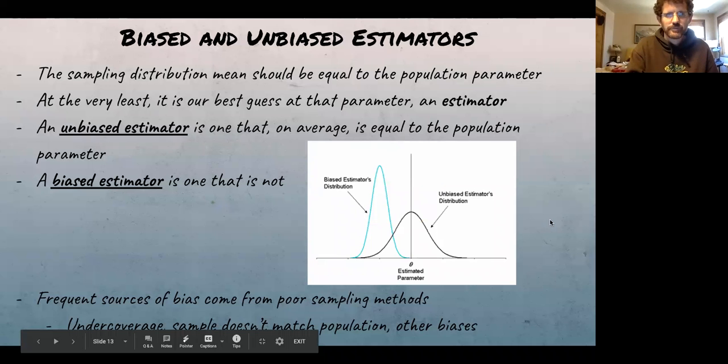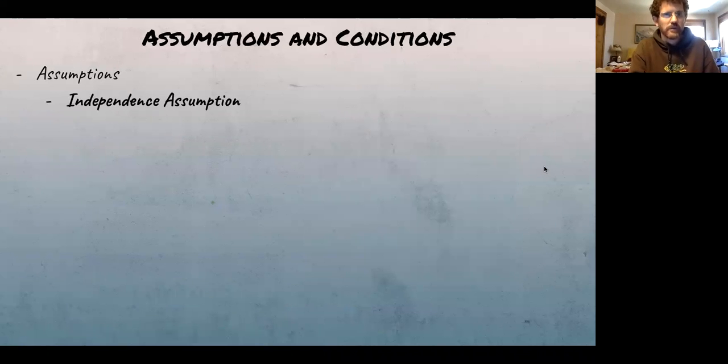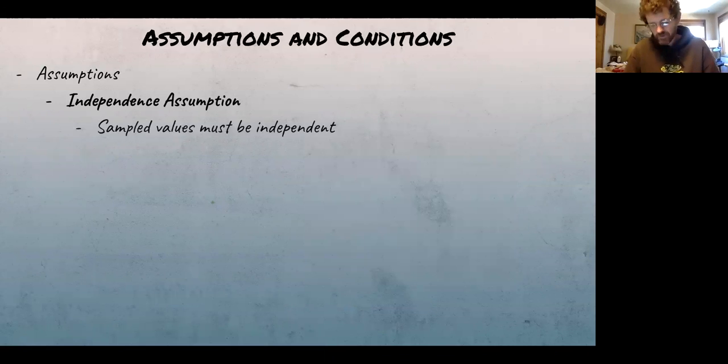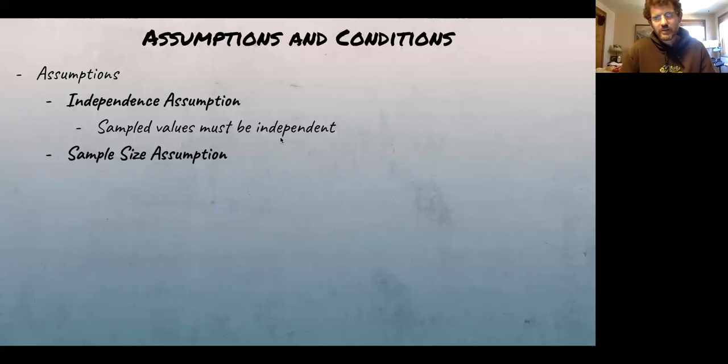All right. A couple things about assumptions and conditions. Again, this is almost directly from your textbook right here. So you'll find this again. Independence assumption. We must assume that all of the values are independent of each other. And a lot of times that's just an assumption. And if we want to make a comment about it, we might just think through the situation.